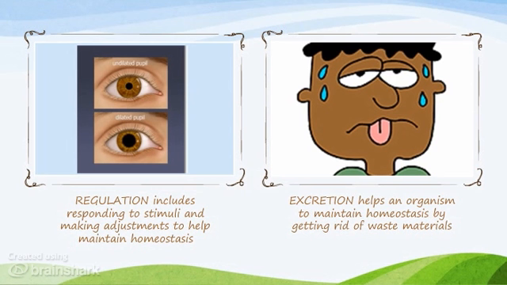Now, if you will notice, up in the right-hand corner of your graphic organizer, there is a space to record the definition for homeostasis. Homeostasis is defined as maintaining a constant internal environment. And as you can see by following the arrows on the graphic organizer, organisms are able to maintain homeostasis through the STRIRENGS life processes.